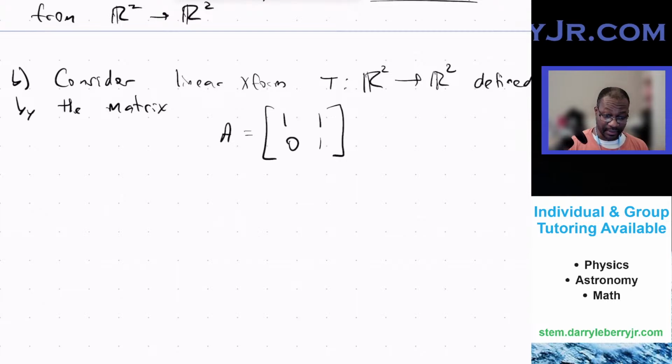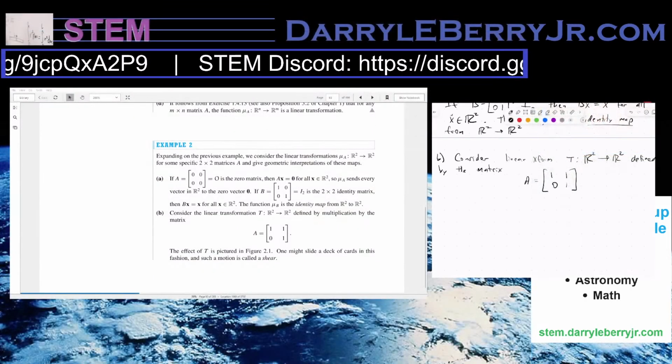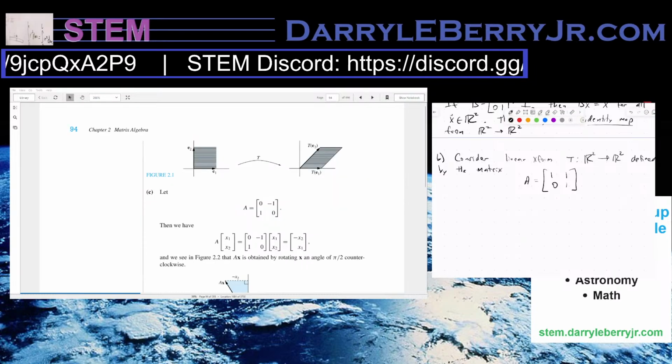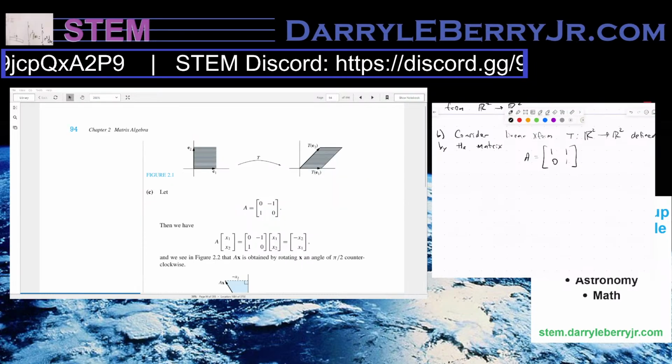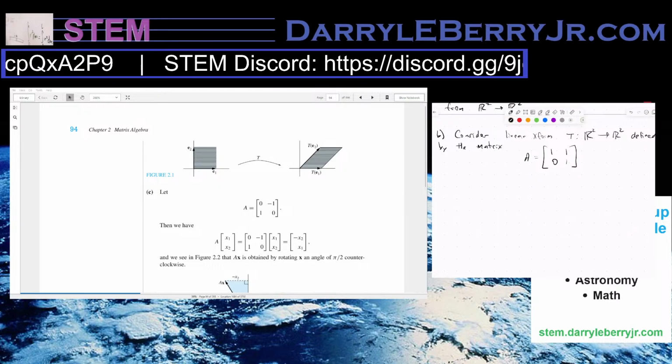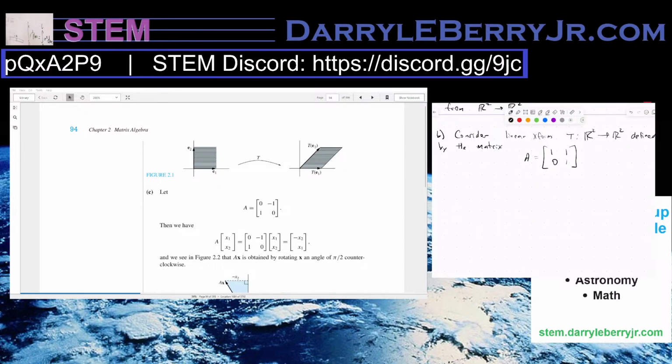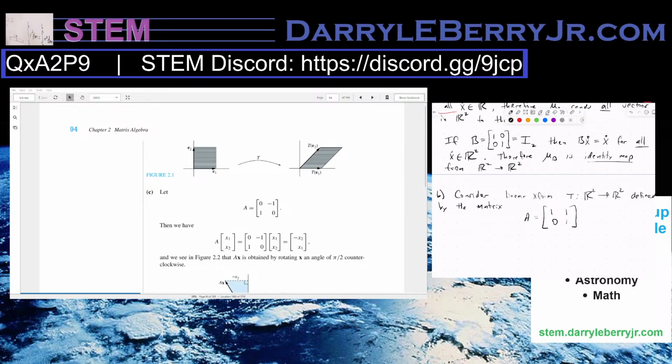The effect of T is pictured in 2.1. One might slide a deck of cards in this fashion, and such a motion is called a shear. So let's look at this. All right, so this is a shear.